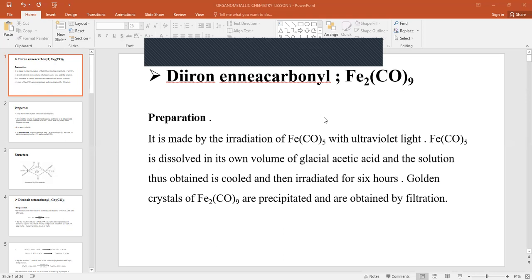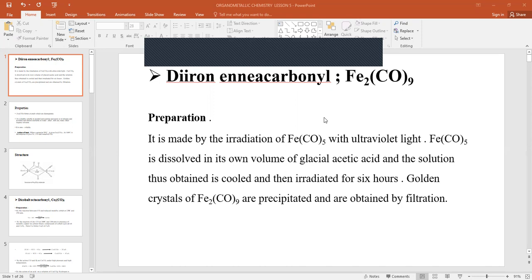The first one is diiron nonacarbonyl. Preparation: it is made by irradiation of iron pentacarbonyl with ultraviolet light.